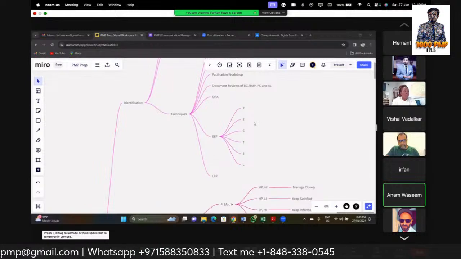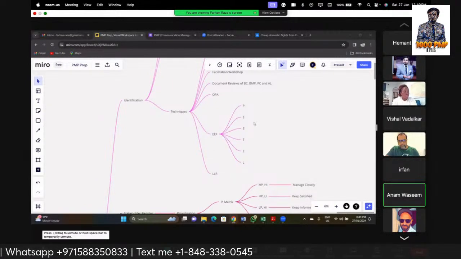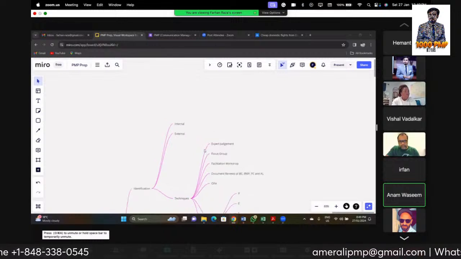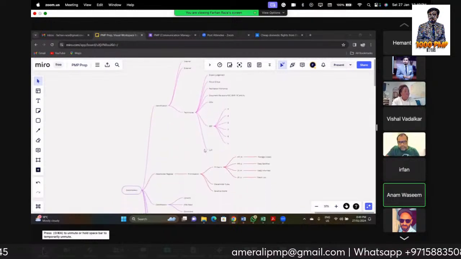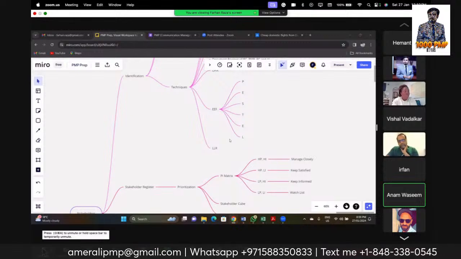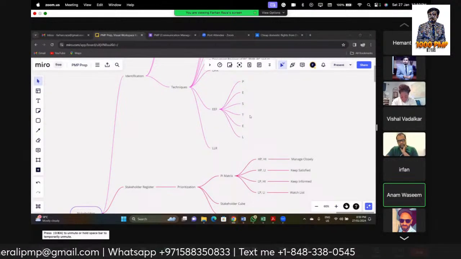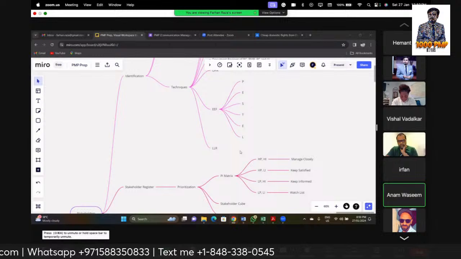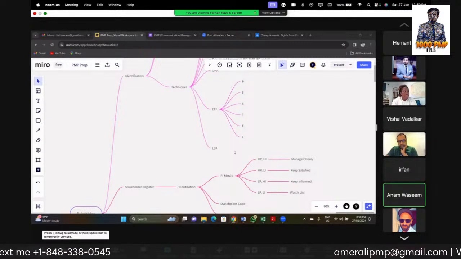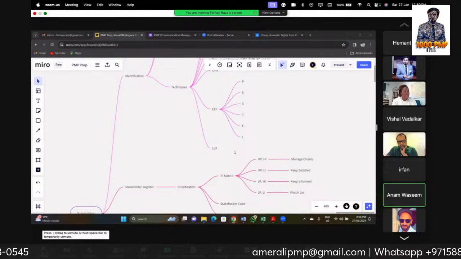And when we identify the stakeholder, we have to see whether they are internal stakeholders or external stakeholders. We also review the EEF, enterprise environmental factors, in which we have PESTLE: political, environmental, social, technological, and legal, environmental.